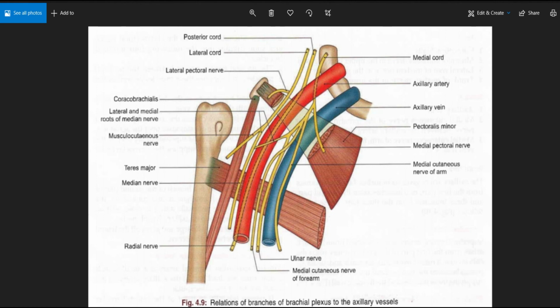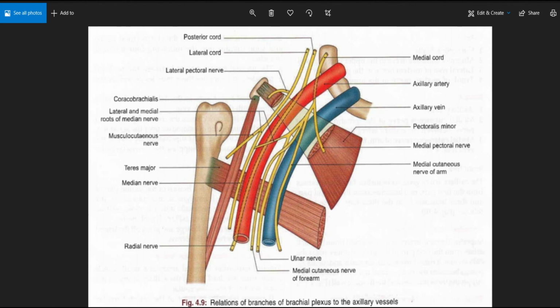This is one of the medial relations. We also have this branch, which is the medial cutaneous nerve of forearm. These two nerves are situated in between the axillary artery and the axillary vein.